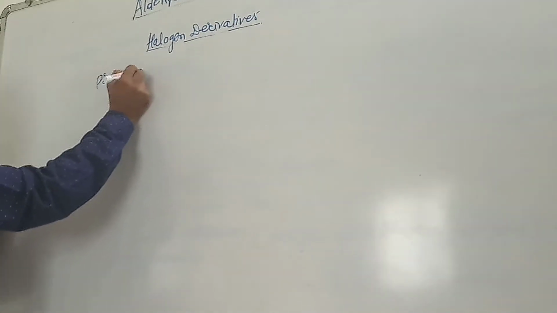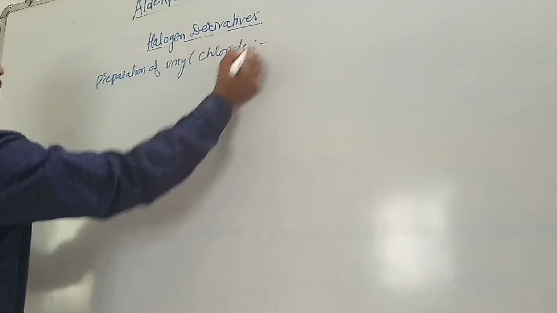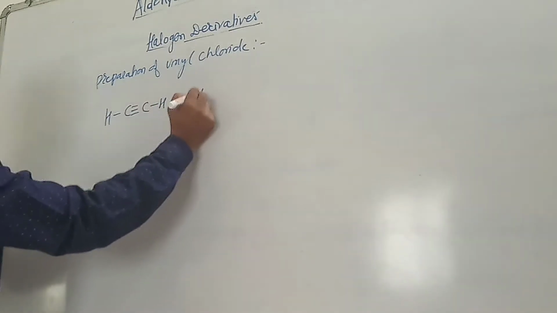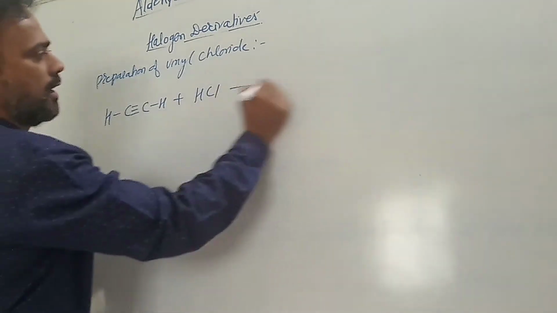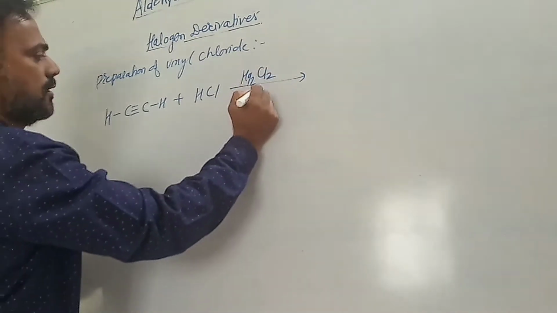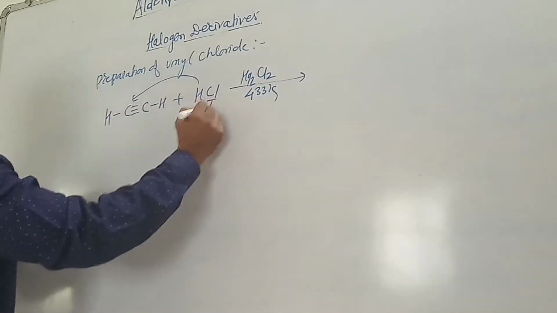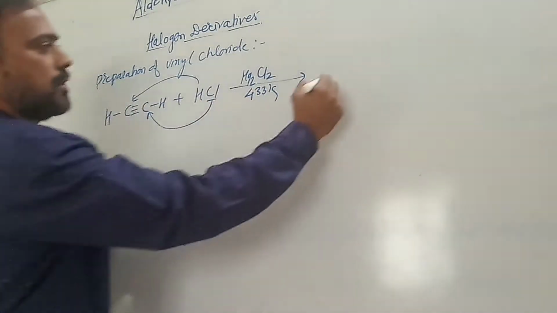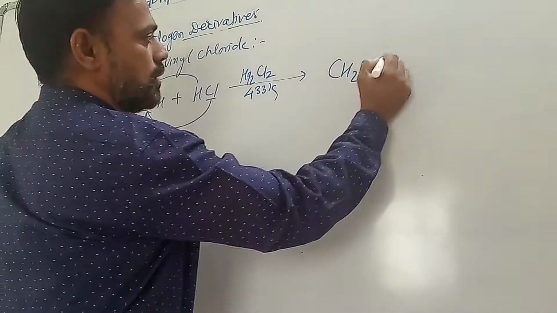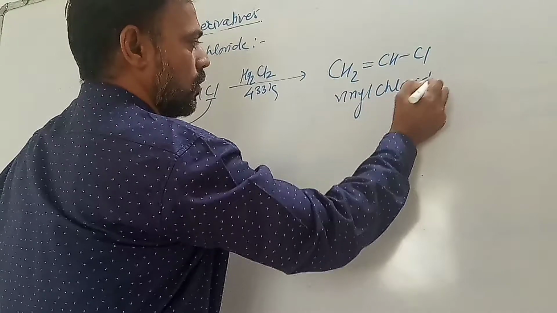When an acetylene molecule reacts with HCl in the presence of Hg2Cl2 at 433 K temperature, addition takes place across the triple bond and there is formation of CH2=CHCl, that is vinyl chloride.